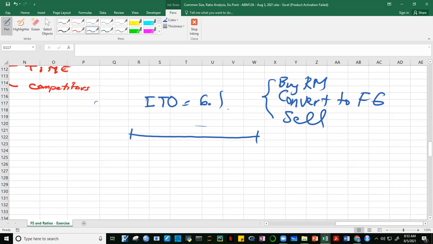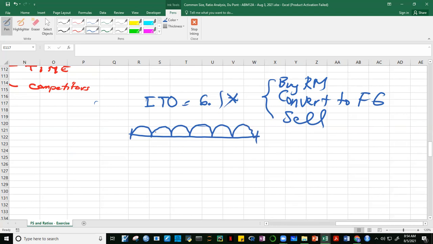And 6.1 tells us how many times a year, 6.1 times yan, no? Does the competitor buy raw materials, convert to finished goods, and then sell? So that's 6.1 times. So this is 1 time, 1. Buy raw materials, sell. Buy raw materials, sell 2, 3, 4, 5, 6. That's my konti pang 0.1. So 6.1 times a year.